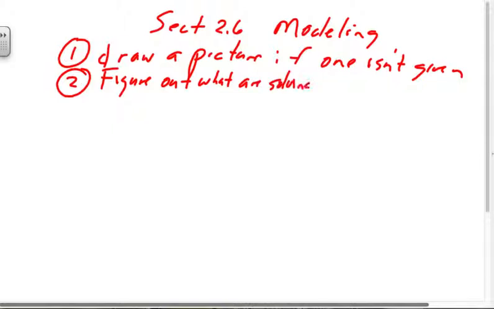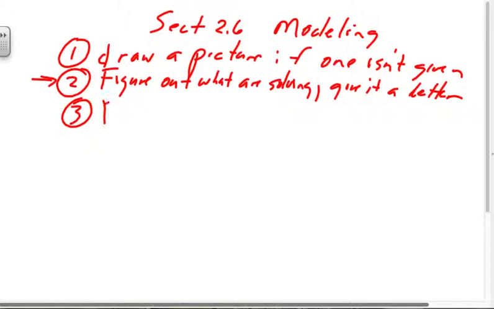Which variable are you solving for? And give it a letter. This one is usually in the last sentence or two.